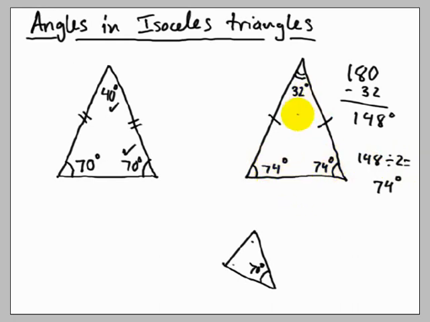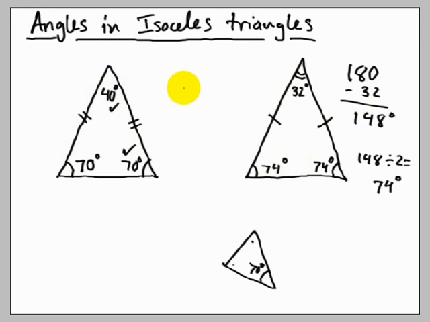So this one's a little bit more, when I give you the angle at the very top, like opposite the base of the isosceles triangle, it's a little bit harder, right? Because you have to first subtract it off from 180 and then divide it in half. Whereas here, if this is 70, this is 70, and so this guy here is 180 minus 70 minus 70. But they're pretty much the same.